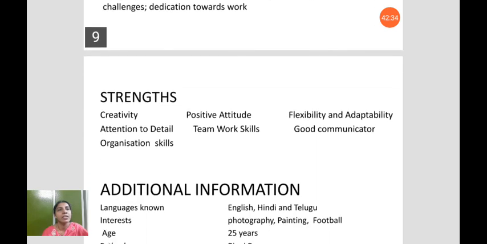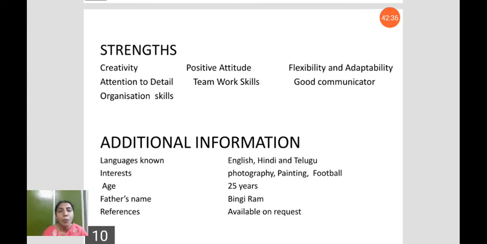Now strengths. This position needs a lot of creativity, so creative and innovative abilities you can write. Creative is a more appropriate term here.